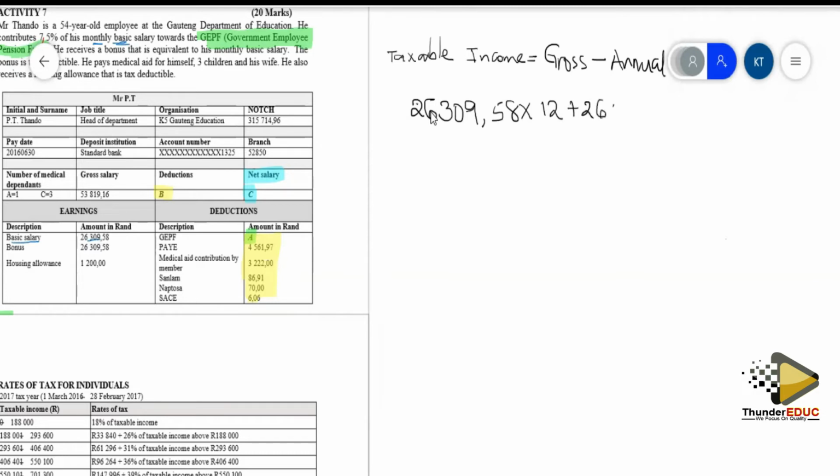The bonus is only received once in a year, plus the housing allowance, which is received 12 times.